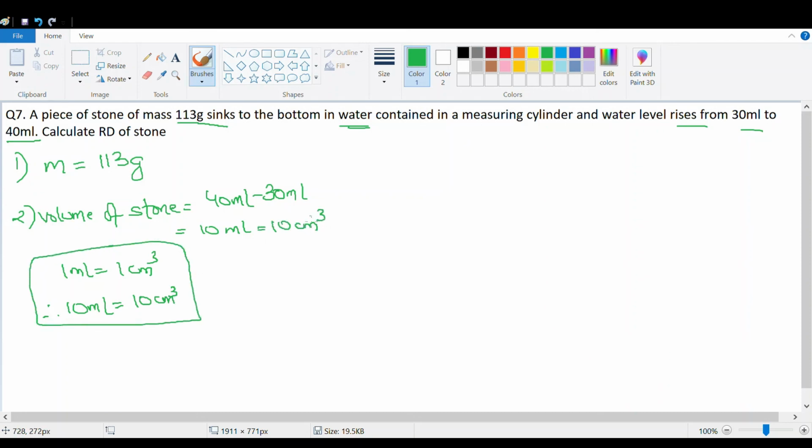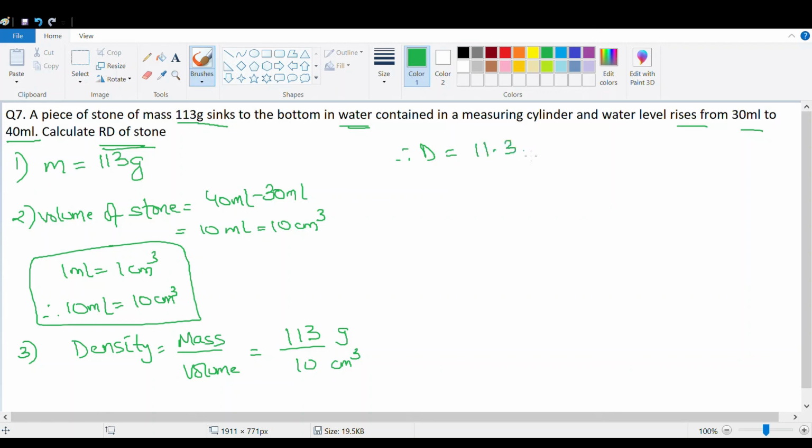We need to calculate the relative density. Relative density would mean, let's just first calculate the density. So density would be equal to mass upon volume. In this case, mass is 113 gram and volume is 10 centimeter cube. Therefore, density would be equal to 11.3 gram per centimeter cube.